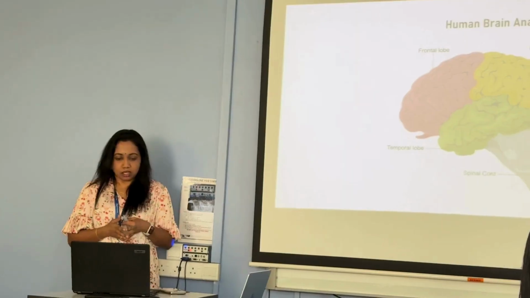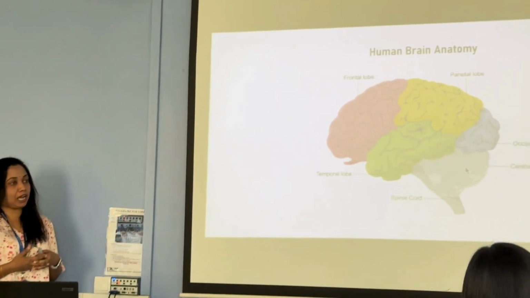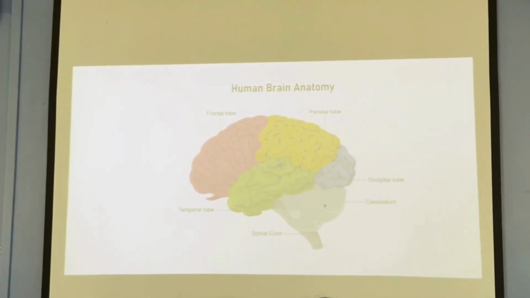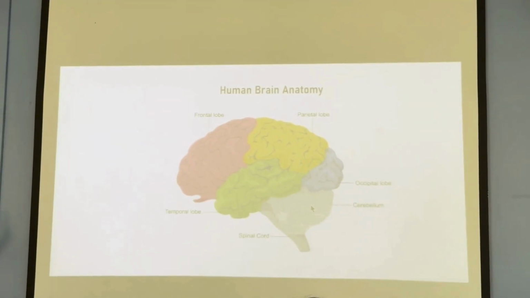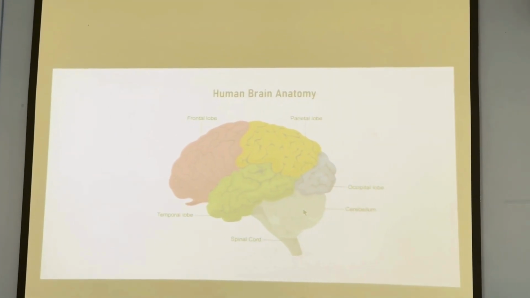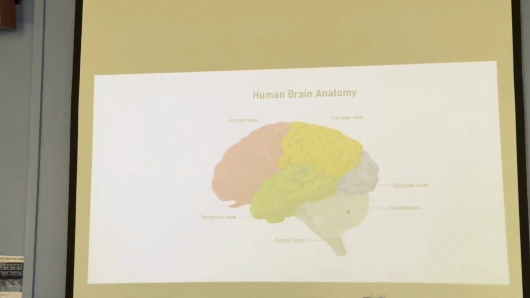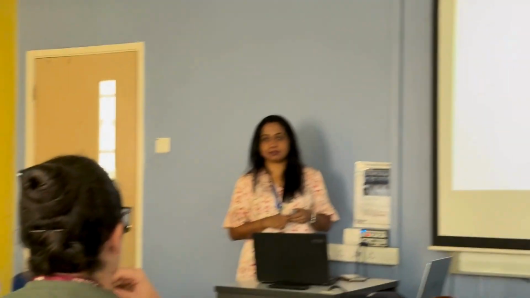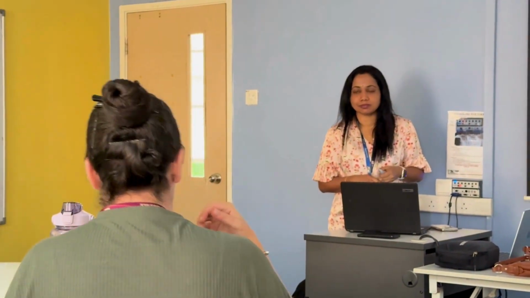Okay, let's see. Human brain anatomy. How many of you can tell me any of these parts? You can just let me know what their function is. Anyone? Frontal lobe is where you process movements and everything. If it's damaged, you won't be able to speak properly or move your arms or legs.